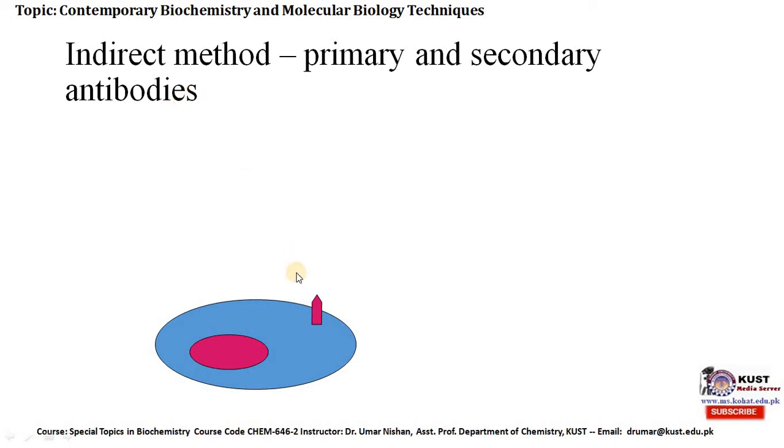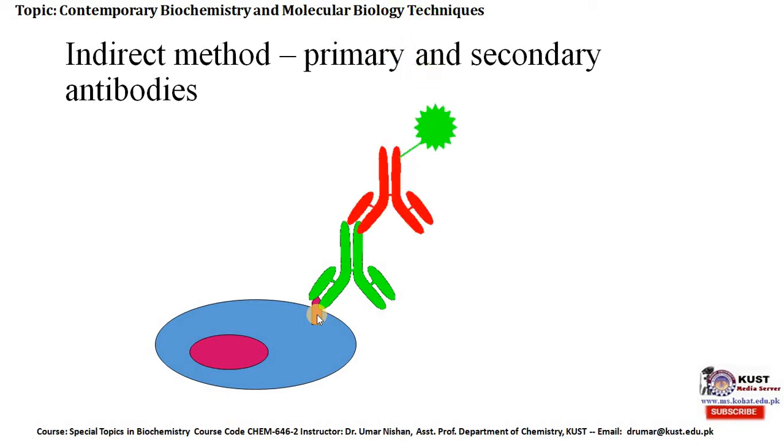So this is the antigen. What happens in the indirect method is that the primary antibody comes and attaches or reacts with the antigen, and after it reacts with the antigen, we apply the secondary antibody, which is specific to the primary antibody.